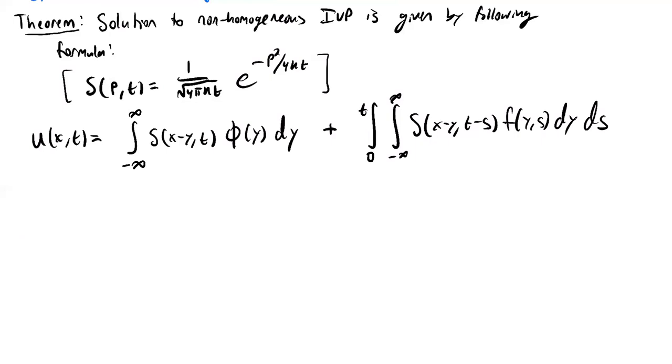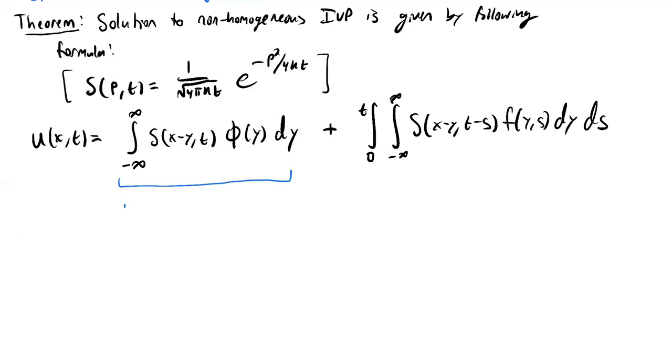And so if you're given your initial condition phi, you have this homogeneous term, which is just the same as what we saw in the homogeneous case. And then if you're given your other function f, you just plug it into this formula, and that will give you the solution. Right, and so again, I said this verbally, but I should write this out.